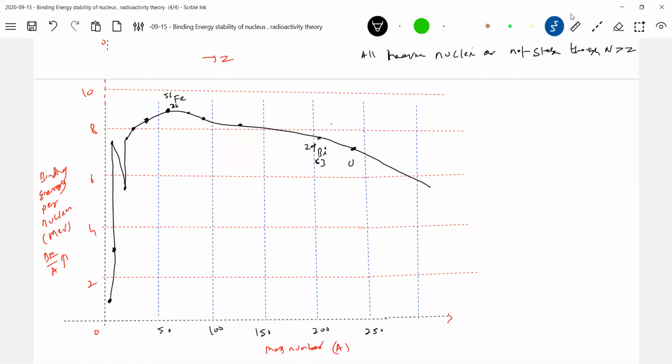Uranium 238, 92. This is deuterium, tritium, helium, then lithium, oxygen, nitrogen. I'm just showing a few. If you refer to a book, they show plenty of them.